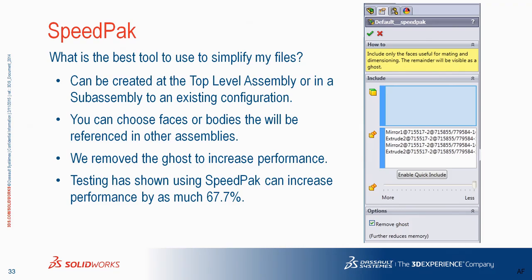It can make a gigantic difference, depending on how you use it and at what level of the assembly you're working with. This case was at the cab. I worked with the cab for a lot of the areas of the testing because it was about a third of the model size. So we knew when we made changes to that, we were getting a good representative idea of what we could do to the whole assembly.